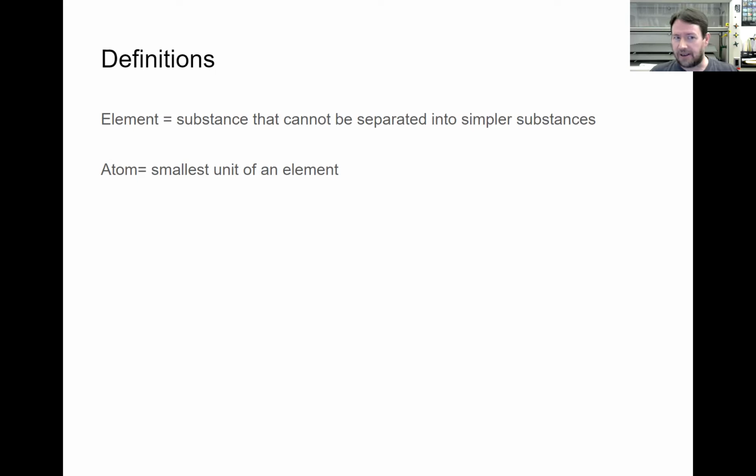If there's a mixture of elements, we could maybe separate them into their constituent atoms, and then once we have those atoms of those elements together, we cannot subdivide them any further and still end up with those properties. So really, atoms are the smallest unit with all the properties of a particular chemical element.